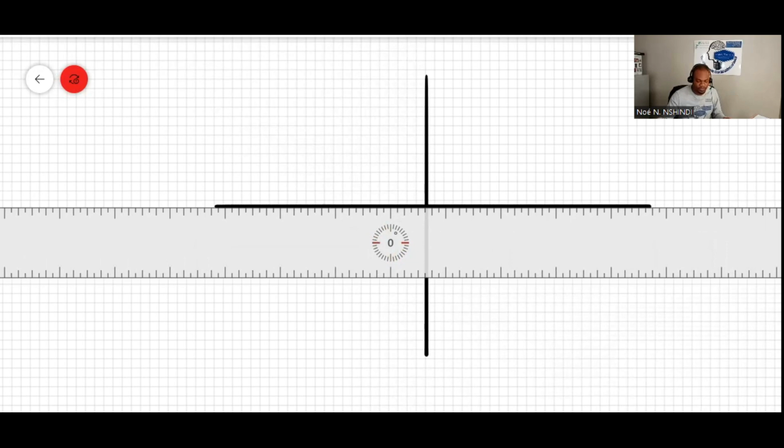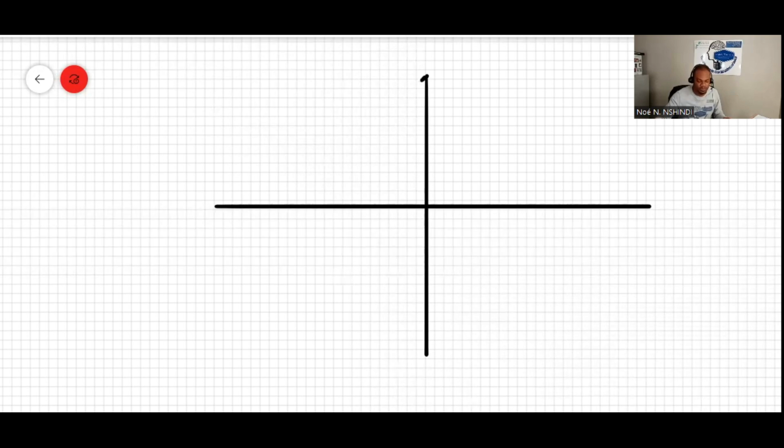So this one is the y-axis. It goes like that, and then the other one is the x-axis.